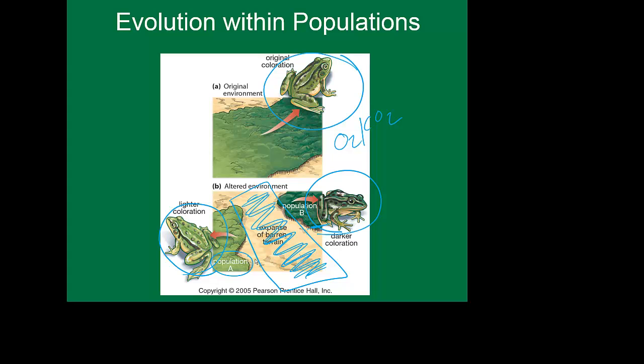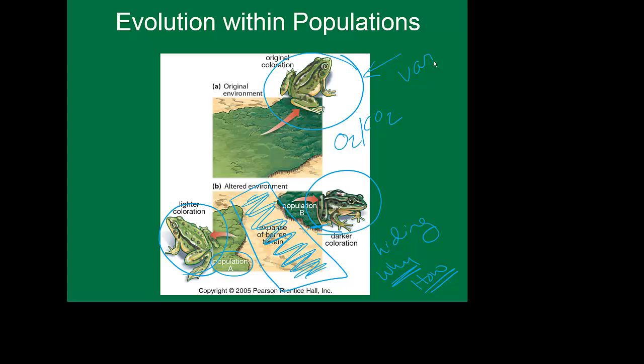Why would they do that? Okay, so we might think about things like hiding from predators, right? But why? What is the mechanism underlying? How are they actually able to do this? We have to look at the variability in the original population.